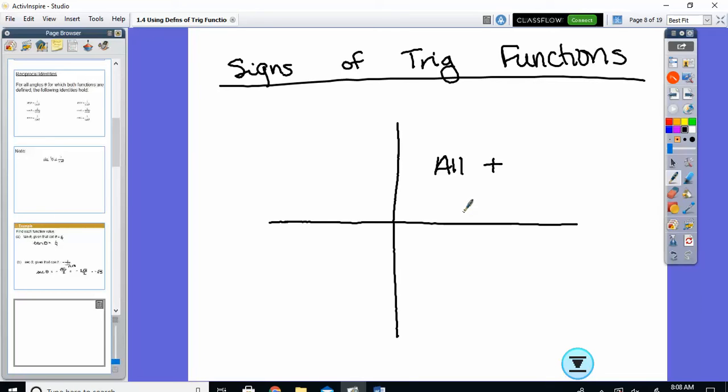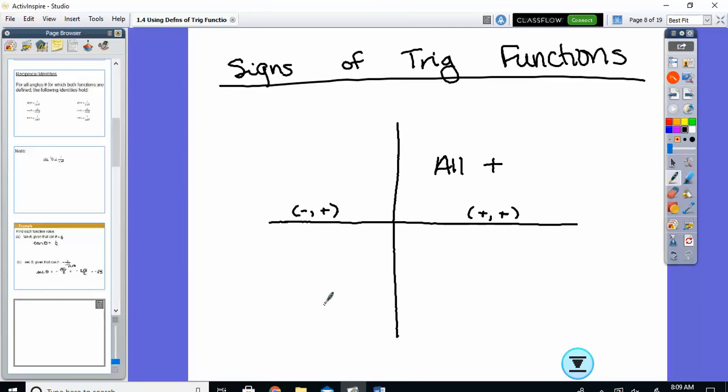Okay, if we think about quadrant 2, x is negative, y is positive. So if you think about sine, y over r, that would be positive, which means its reciprocal would also be positive. If you think about cosine, x over r, that would be negative.